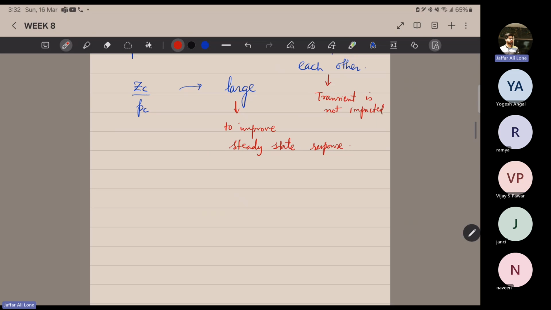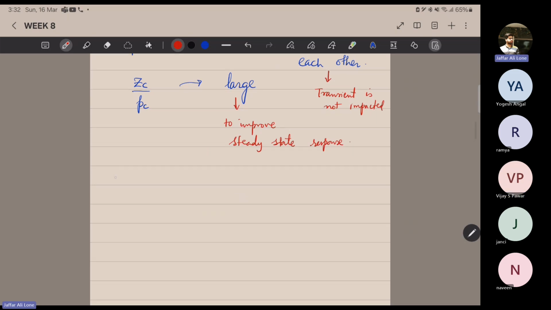Now let's see some combinations. If Pc is 0.01 and Zc is 0.1, are they close to each other?